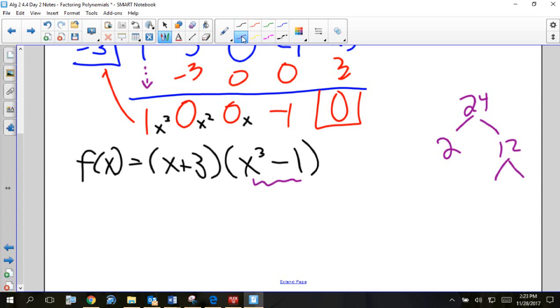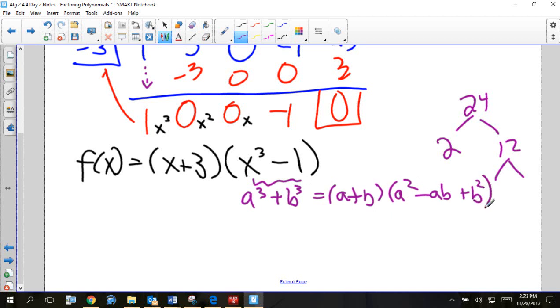I'll write down the cube formula. It's like a cubed plus b cubed is equal to a plus b, a squared minus ab plus b squared. So formula.